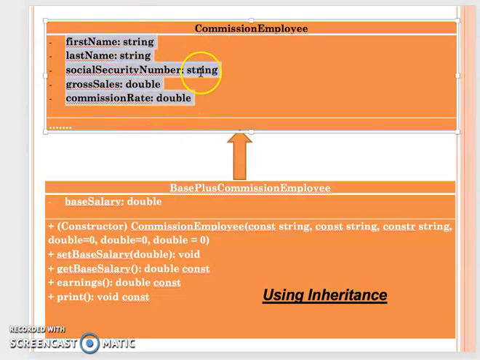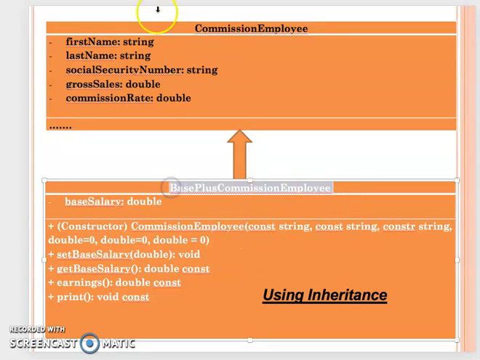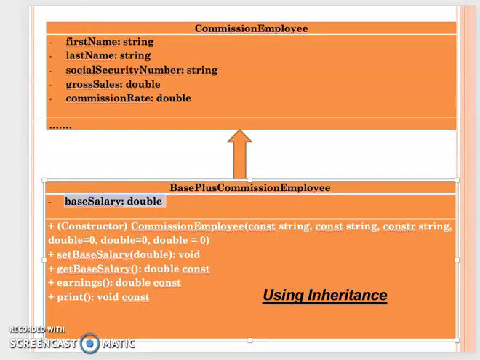I just don't show everything, but besides the 5 private data attributes in the commission employee, we have all the member functions here. If you have this arrow, the inheritance relationship, all those member functions are actually inherited by the base plus commission employee. So in addition to these 5 data attributes, my base plus commission employee only needs base salary.